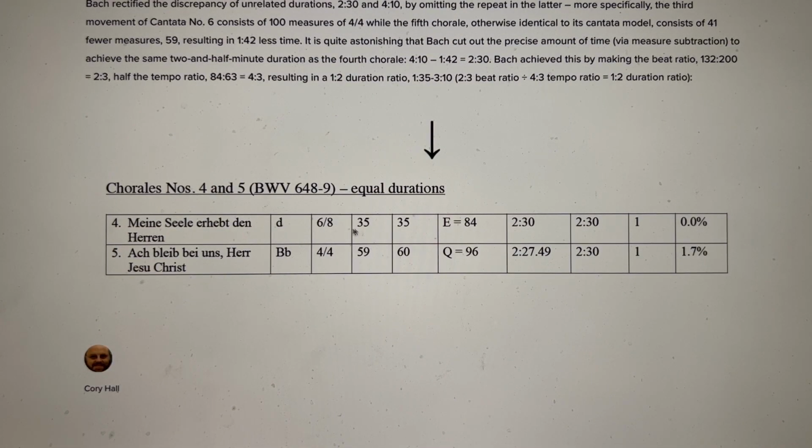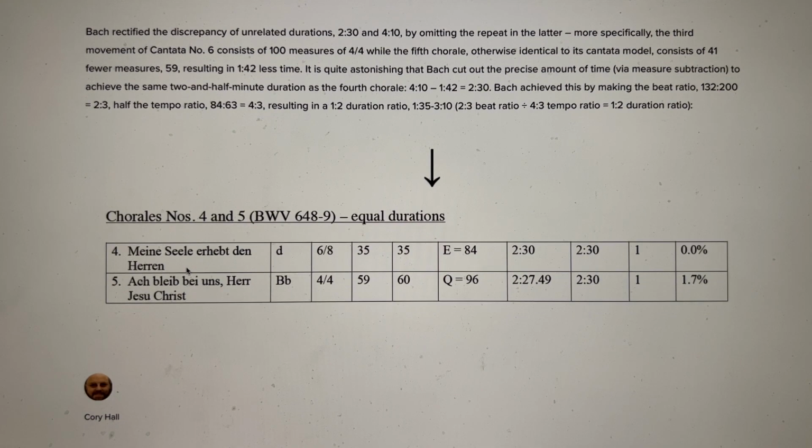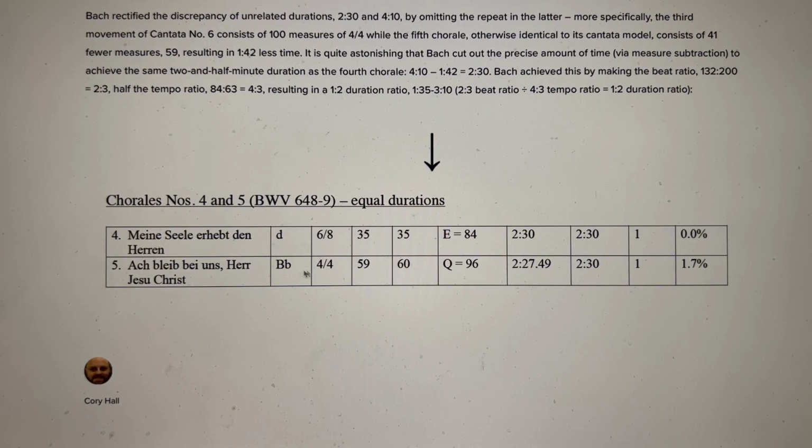He took the previously composed movement with 35 measures, tempo of 84, and it lasts 2.5 minutes. Then his new shortened version of this chorale from cantata number 6 has 59 measures. Remember up here it had 100 measures? So he cut almost half of the chorale out.